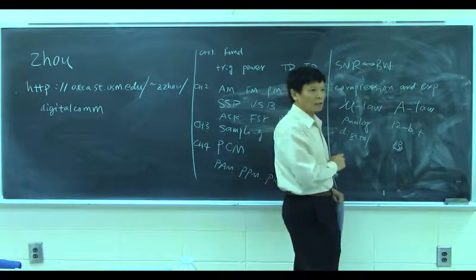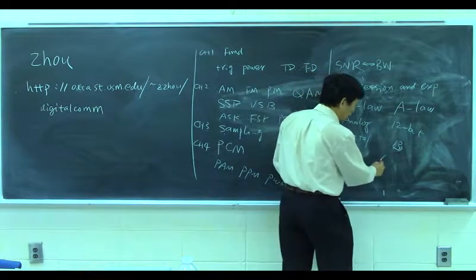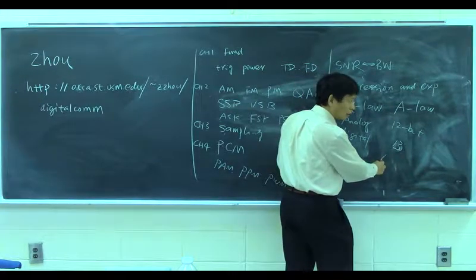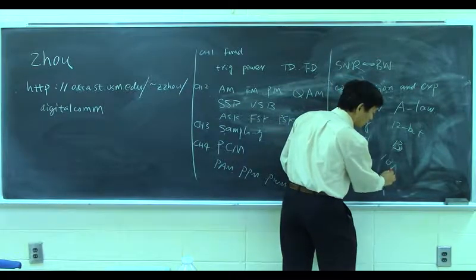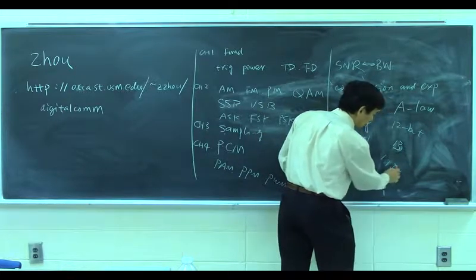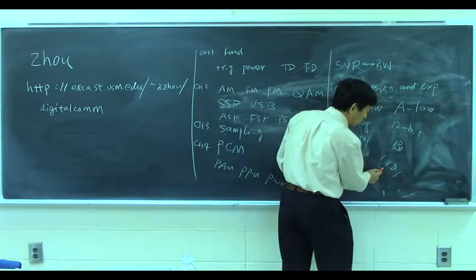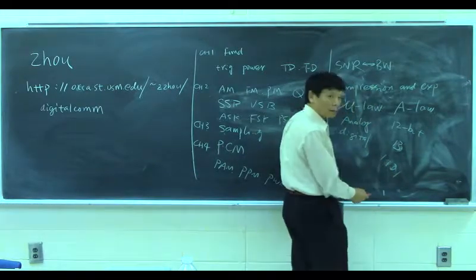What is 13 decimal in binary? It is 1 1 0 1, right? That is 8, that is 4, that is 1. So 1 1 0 1.